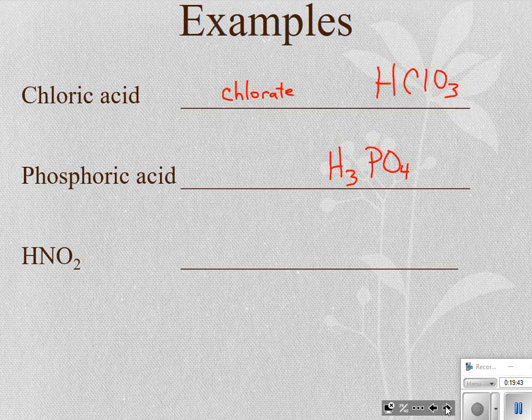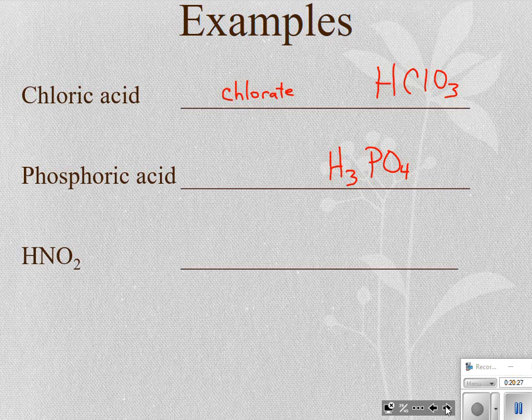Now let's look at writing a name. How do I identify this as an acid? It starts with hydrogen. So, I immediately say I need to know what my anion is. In this instance, what is my anion? Nitrite. Find it on your ion sheet. It should be NO2 minus 1. Nitrite. So what acid rule am I dealing with here?